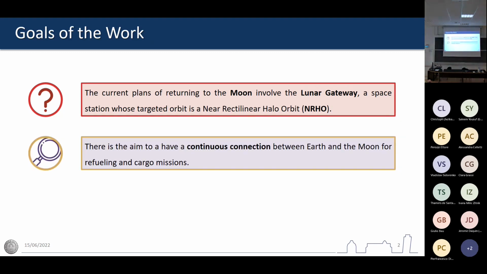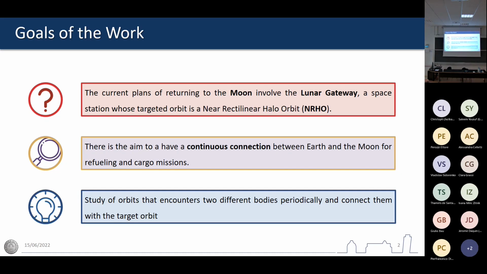And today, this spacecraft, this station, will need to be refurbished. And so it will be necessary to have a continuous interchange between Earth and the Moon to bring stuff to the orbiting space station.